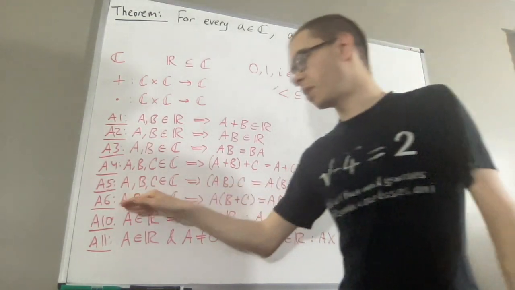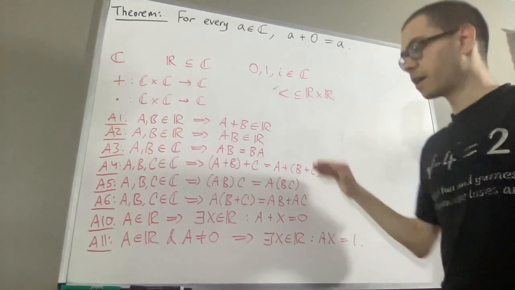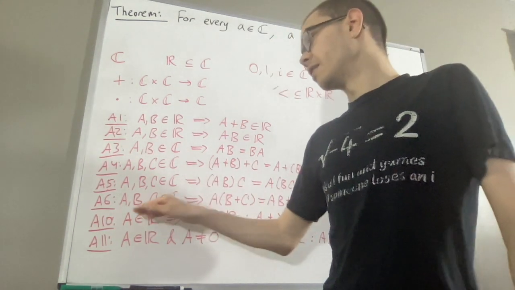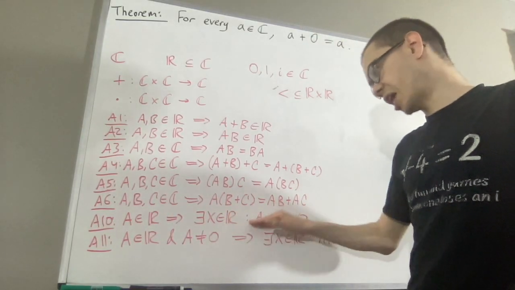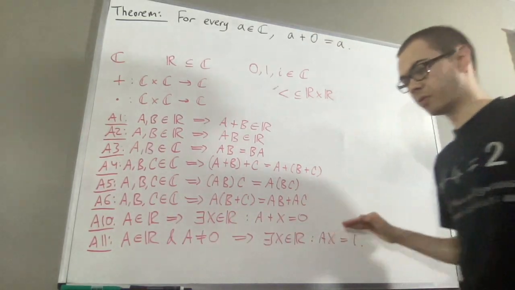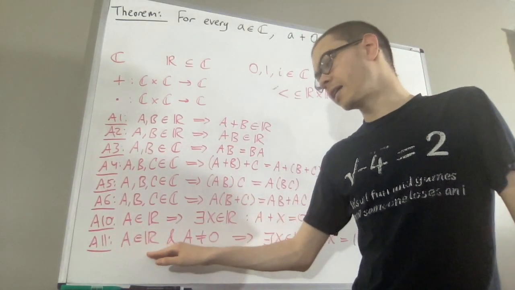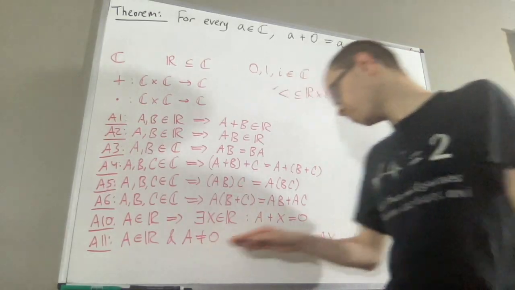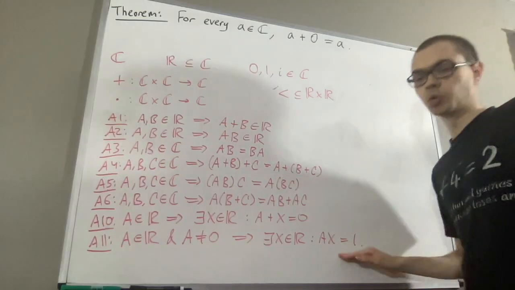So given any three complex numbers a, b, and c, this equality holds. Axiom 10 tells us, given any real number a, there exists a real number x such that a plus x is equal to 0. Axiom 11 tells us, given any real number a that is not equal to 0, there exists a real number x such that a times x is equal to 1.